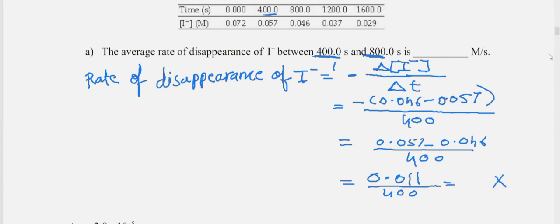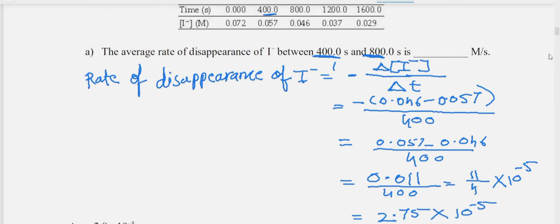That gives 2.75 times 10 raised to minus 5. Okay, so that's the rate of disappearance of I minus between 400 and 800 seconds. You can round this number 2.75 to 2.8 times 10 raised to minus 5. So that's the answer.